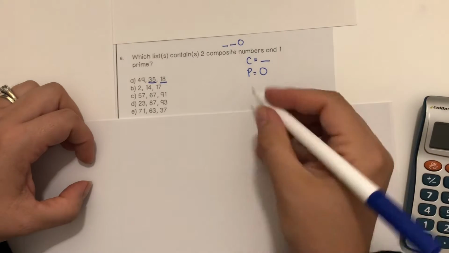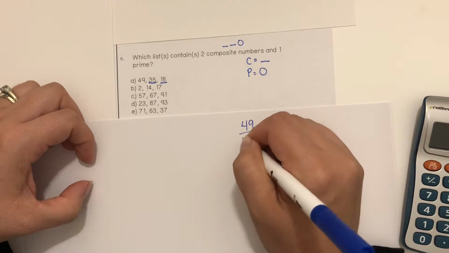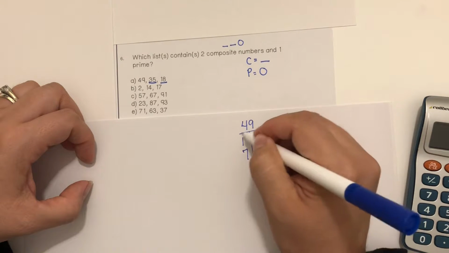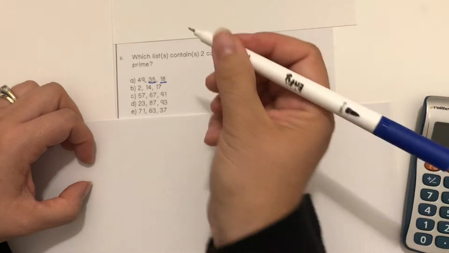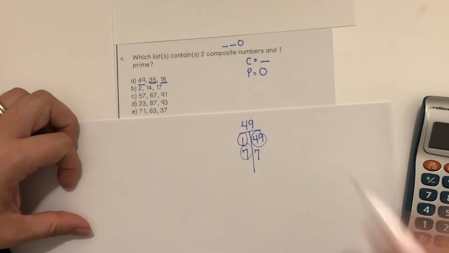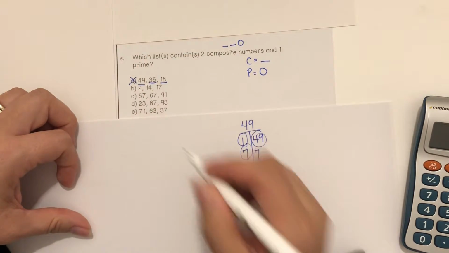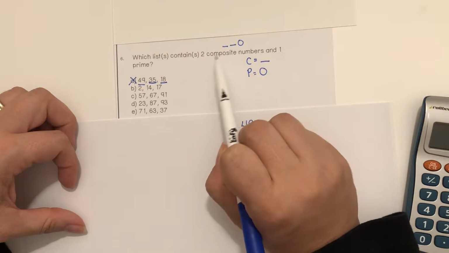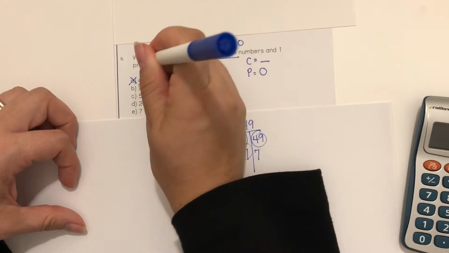So I know that 49 has 1 times 49 and 7 times 7. So I have 3 different factors. So that one is composite. So I know automatically that this one is not one of the options that I'm looking for because I need to have 2 composites and 1 prime.